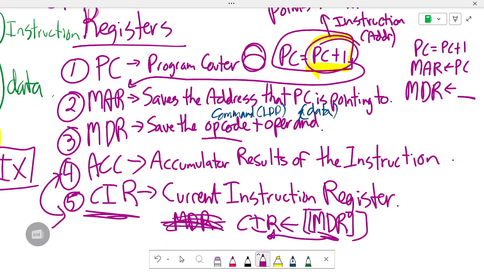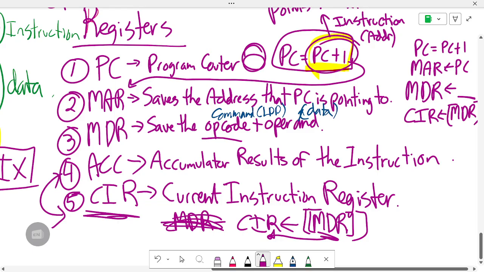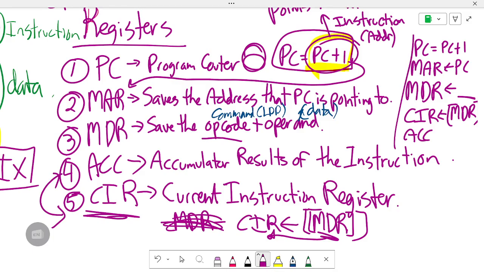I forgot the notation there. And then the current instruction register gets the opcode from the MDR. Put brackets, that's the data. And then the accumulator gets the result. Okay, this is your transfer notation.